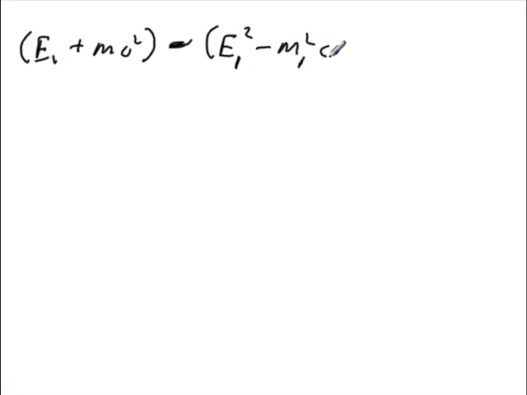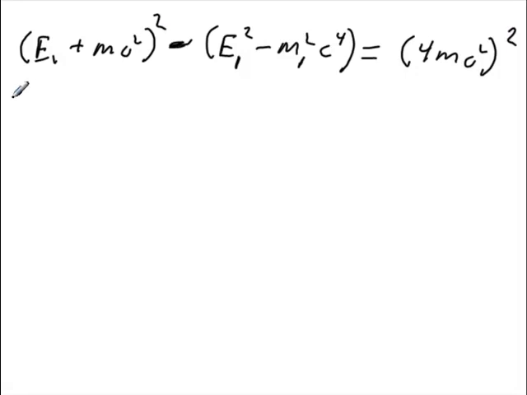So before, I've got E1 plus mc squared, minus the momentum squared, which we know is just E1 squared minus m squared c to the fourth. And after, the total energy is just 4 mc squared. That's squared. This is squared.